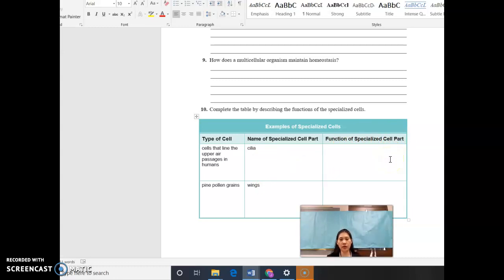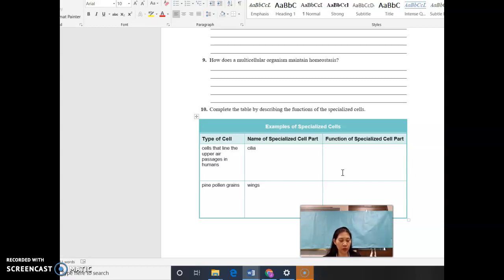So what you're going to do is, based on our lesson last time, what is the function of the cilia? For the cells that line the upper air passages in humans, we have cilia that sweep mucus, debris and bacteria out of our lungs.